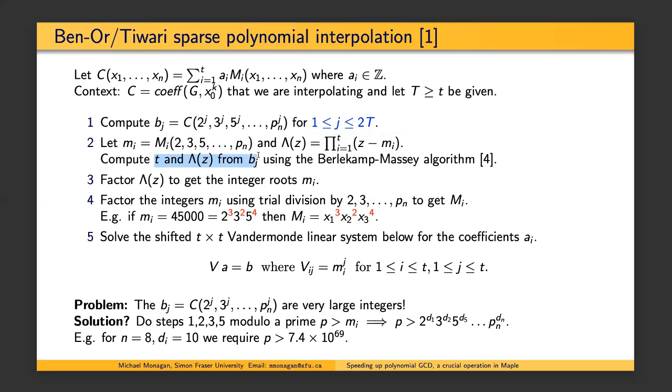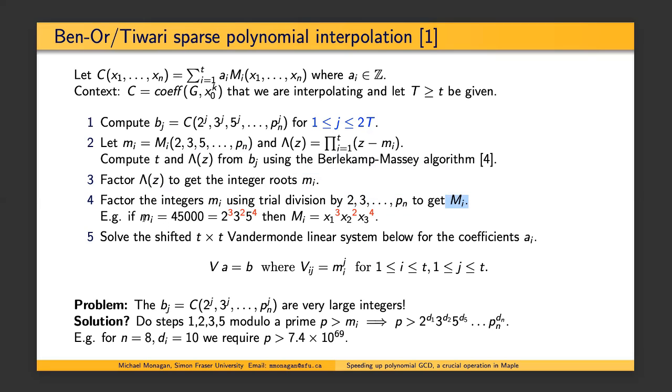Using those evaluations, we use the Berlekamp-Massey algorithm from coding theory to do this. The next step is to factor that lambda polynomial. That gives us the monomial evaluations. Then we factor those integers. It's not hard because they have small prime factors. We use trial division by our primes, and that will give us the monomial.